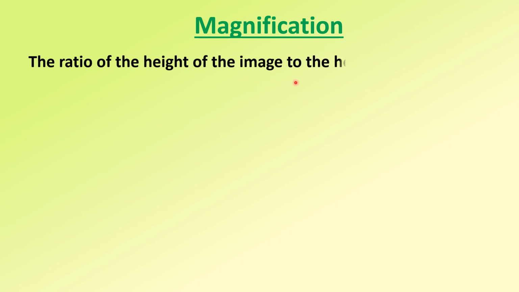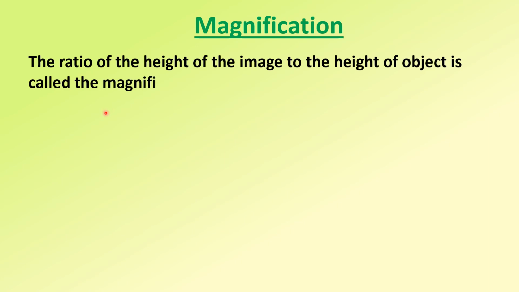And in the terminology of a spherical mirror, the last one is magnification. What is magnification? Let us see. Magnification is represented by small m. The ratio of the height of the image to the height of the object is called the magnification.